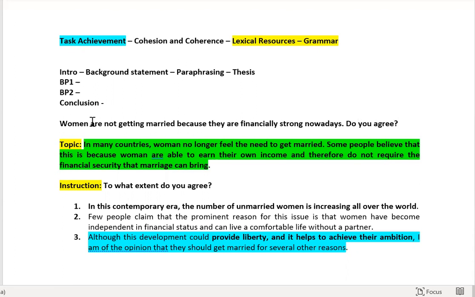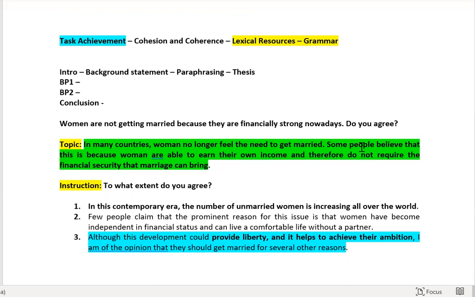Now they're asking me, do you agree? If I agree, I'll say yes, they are not getting married because they are financially strong. The main point of discussion is whether they are not getting married because they are financially strong. Some people believe that it is because women are able to earn their own income and therefore do not require financial security.